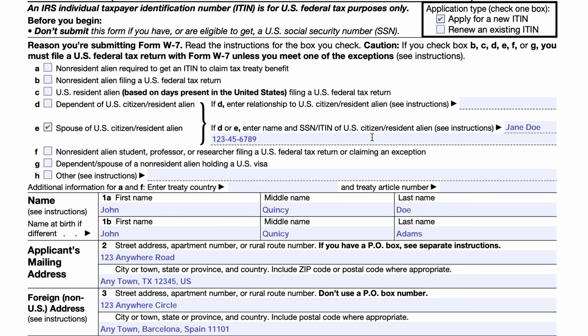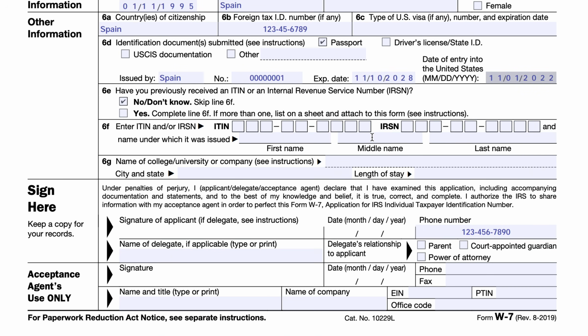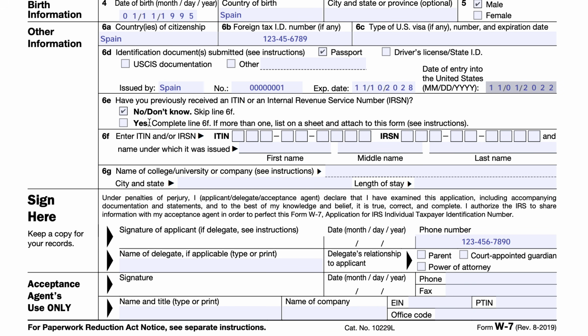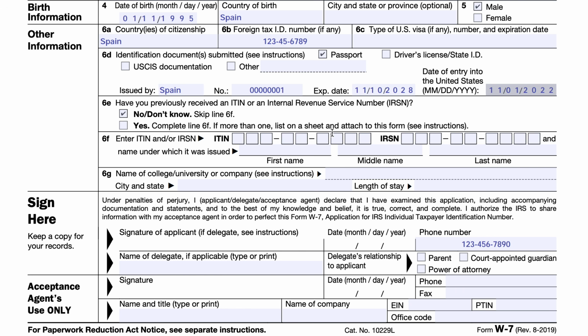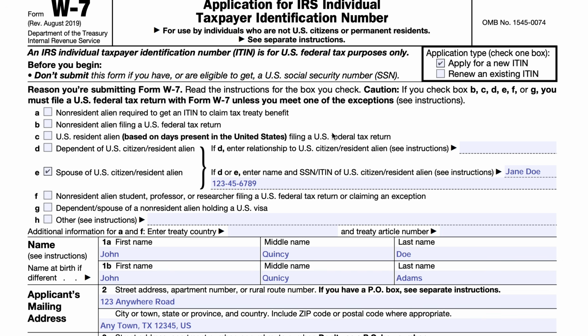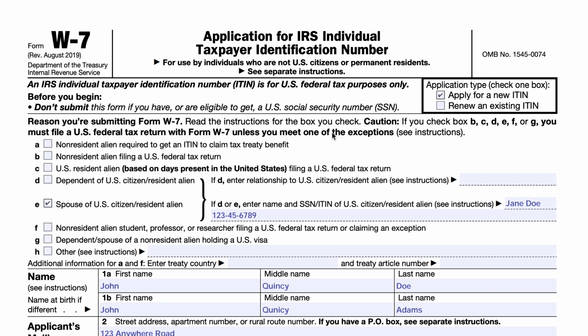If you're renewing one, you need to make sure you complete lines 6E and 6F, which ask if you've received an ITIN and then ask you to list your ITIN. We'll cover that in a little more depth.